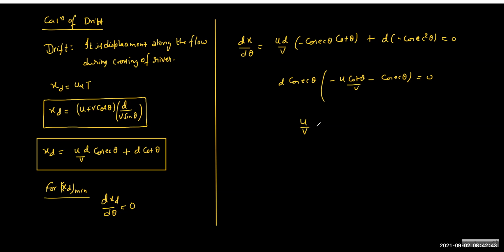So u by v cot theta is cos theta. How are you getting it? Can you show me how? I will send you. Yes, send me.